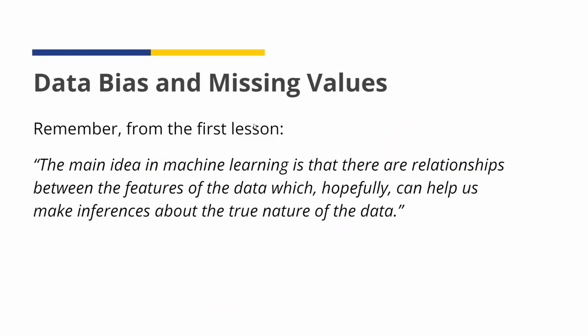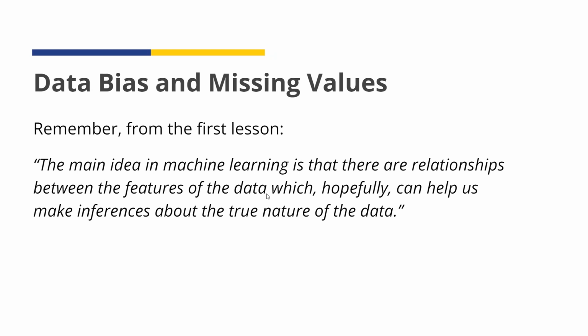And the reason we do this is because you might have a bunch of fancy models or really sophisticated ways of predicting using your data, but none of it's going to matter if your data isn't in the proper format.